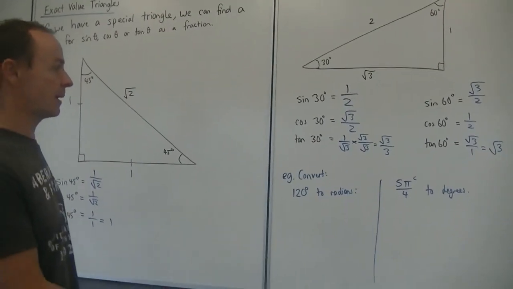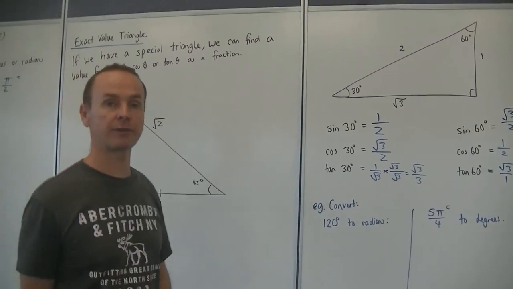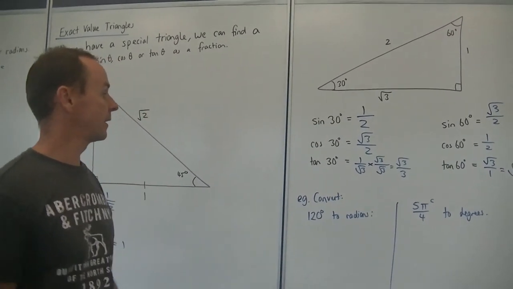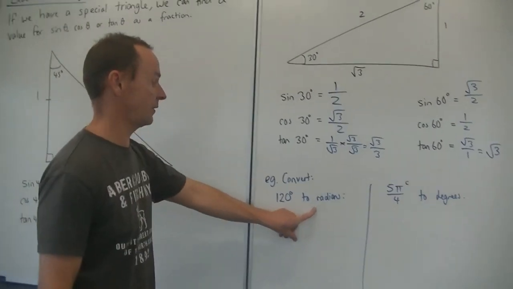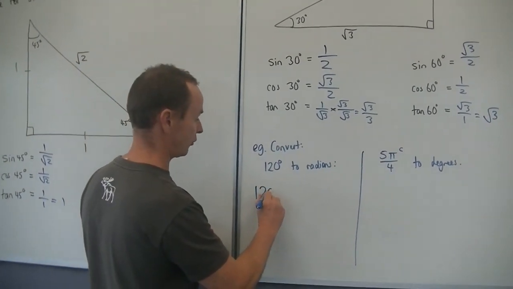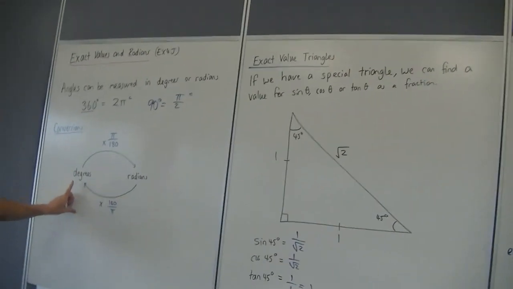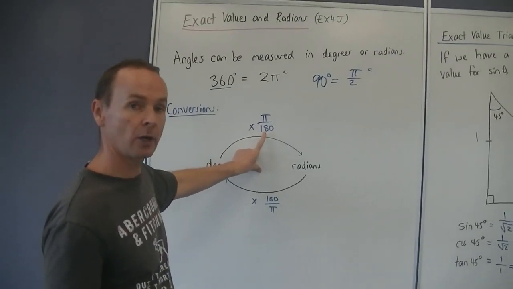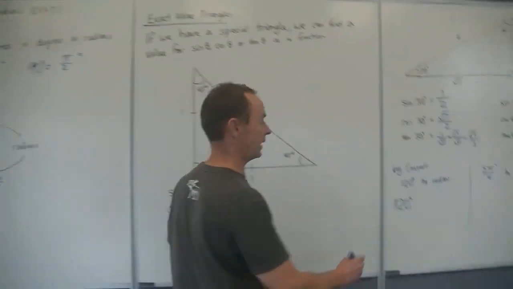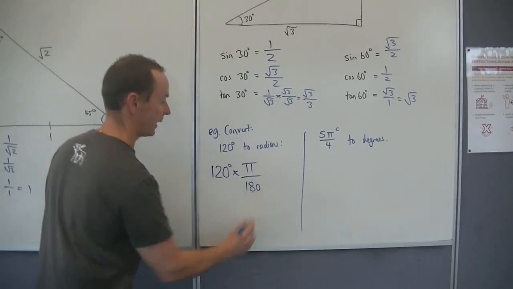Alright, now let's just do an example. I'm going to do a couple more examples of all these concepts we've just learned. Let's start off with converting first. So convert 120 degrees to radians. The first thing we do, 120 degrees. Look back over here, and degrees to radians, what do we do? We multiply by pi on 180.